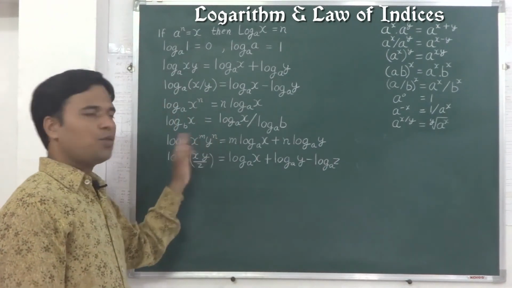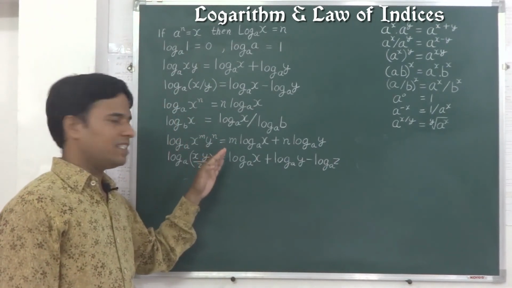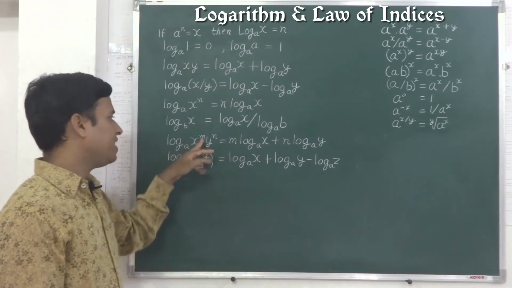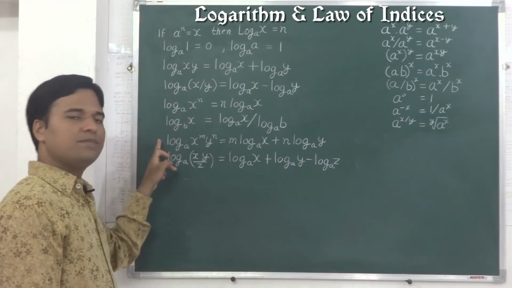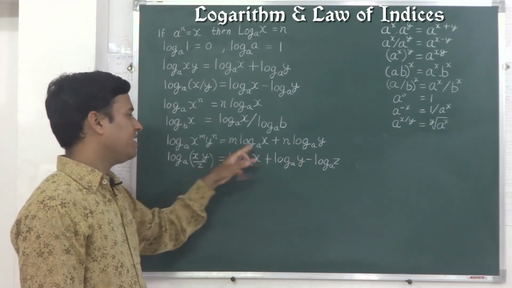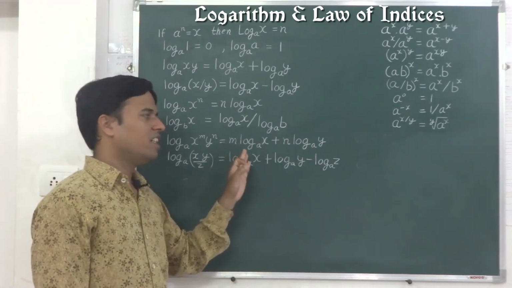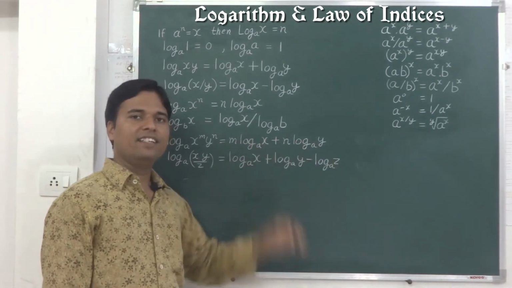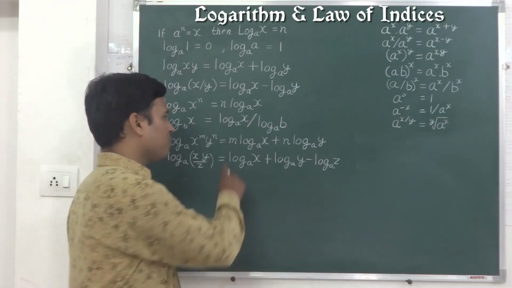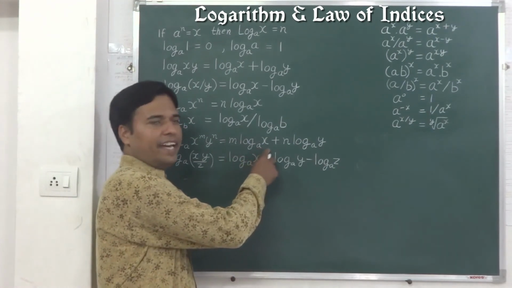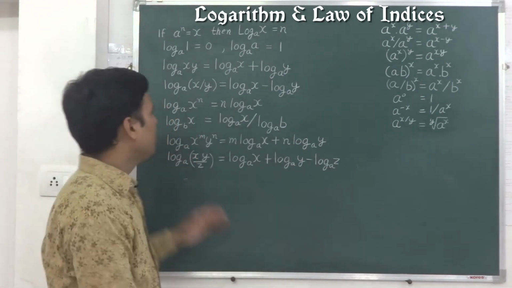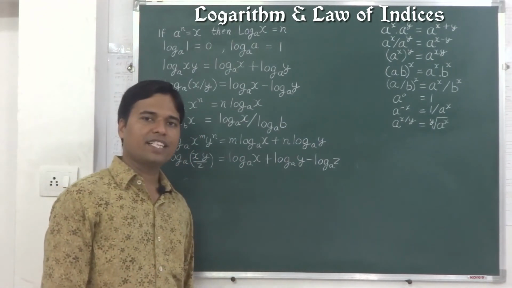If two terms which are in multiplication have different powers, then their powers will come forward and these two terms in logarithm will be added with each other. So m log base a of x plus n log base a of y. So that is the beauty of mathematics.